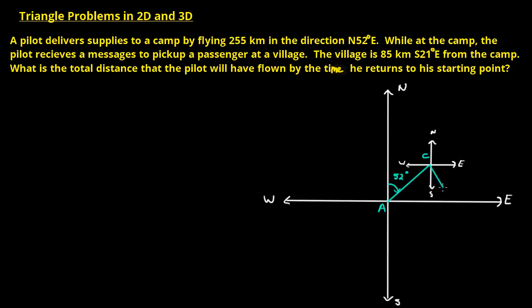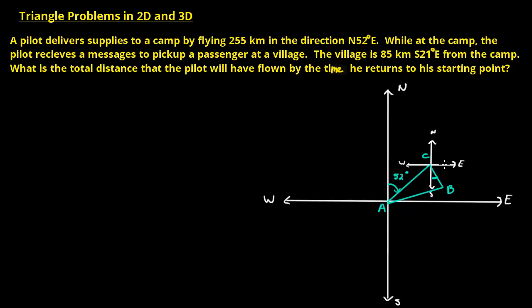So it should look something like this. Now this angle right here is 21 degrees. And then we've got this point here. Let's call this point B. So we have triangle ABC, and it has angles A, B, and C.